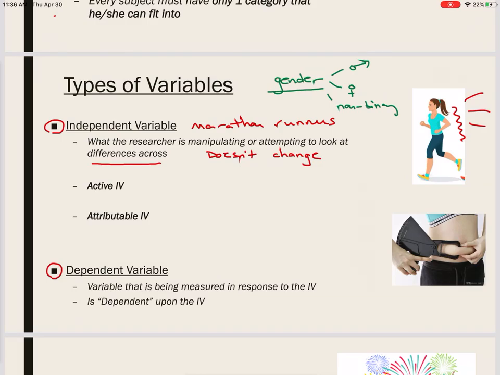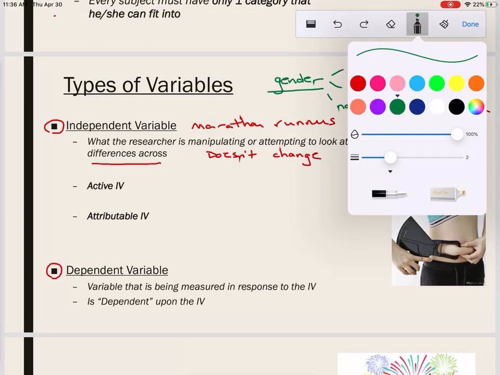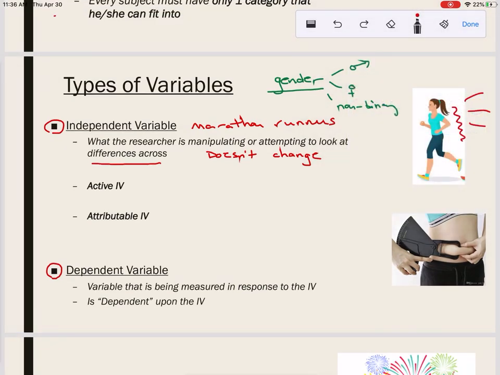So the training program that I put these marathon runners on is the independent variable. But I have different levels of that, and I can manipulate that. So of my 50 marathon runners, 25 of them I'm putting on the interval training plan for a month, and 25 of them I'm putting on the base training plan for a month. So I can manipulate it, but the fact remains that it doesn't change.